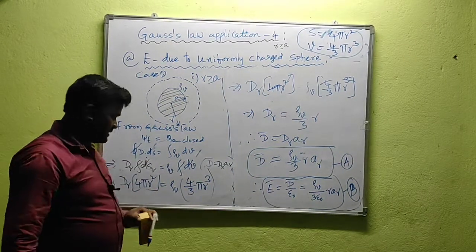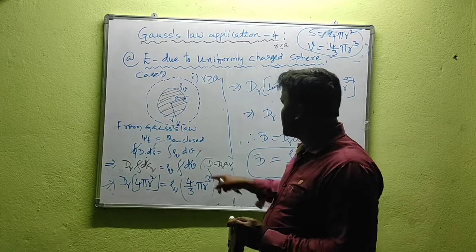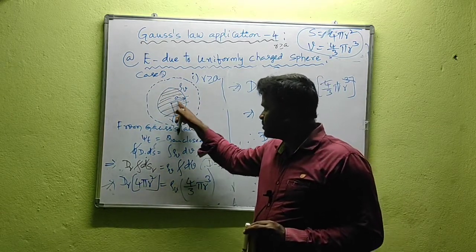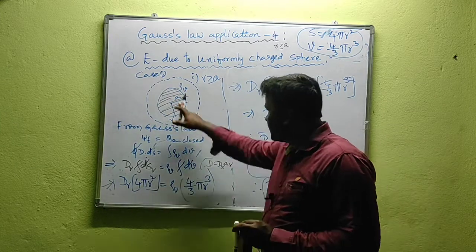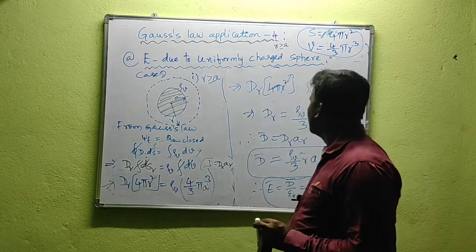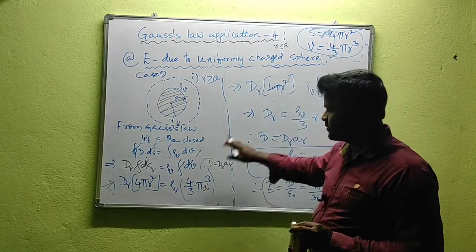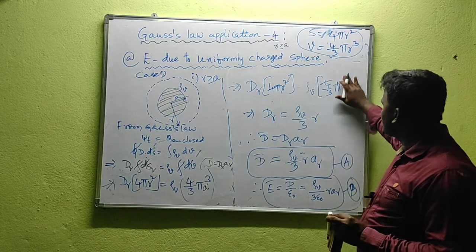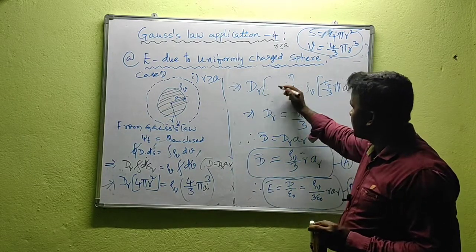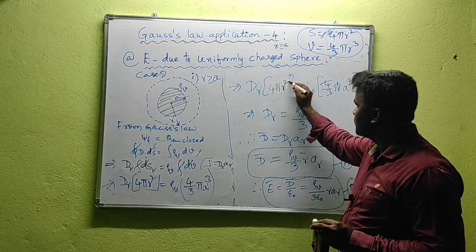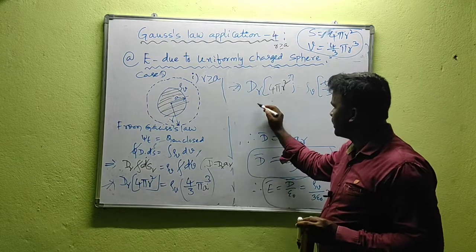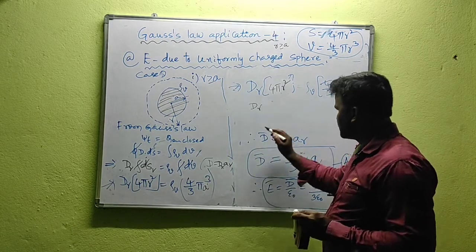Coming to the second case, what about the enclosed region? Enclosed region is this one. What about the radius of the sphere? In this case the enclosed sphere has radius a, so you need to take the volume as 4/3 πa³. On the left hand side it is 4πr², and on the right hand side it should be 4/3 πa³, no cancellation. Those earlier equations are for case 1.